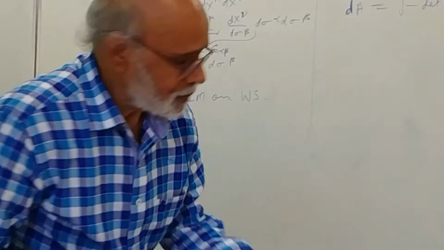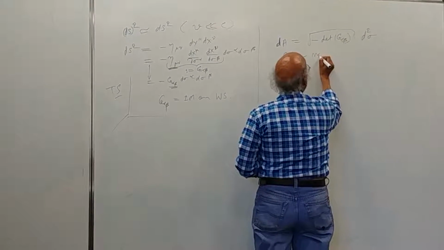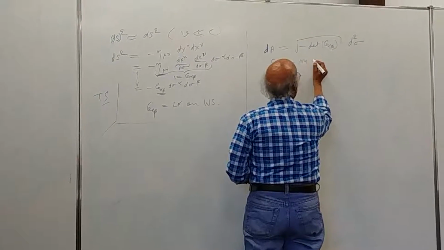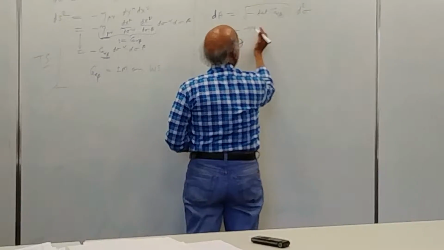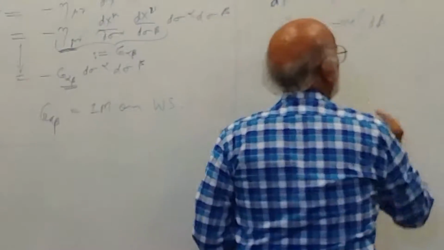Okay, and by doing this, we have seen that the action in the relativistic point particle was proportional to the length of the distance.